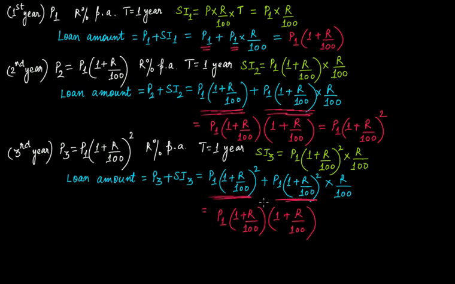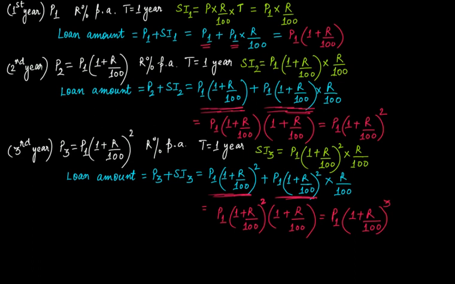Now this is P1 multiplied by (1 plus R by 100) squared multiplied by (1 plus R by 100). So you can write it as P1 multiplied by (1 plus R by 100) cubed.